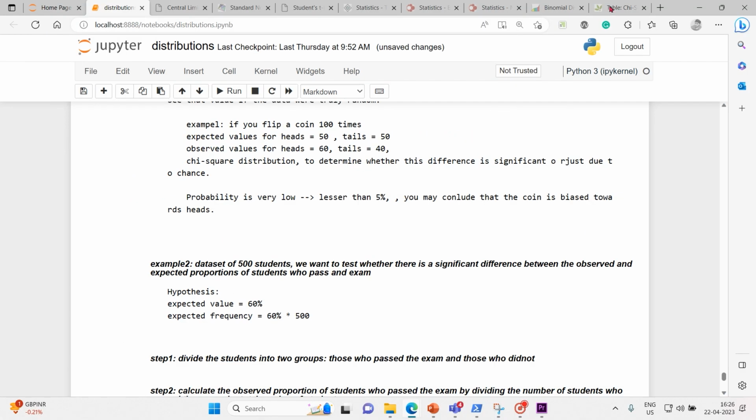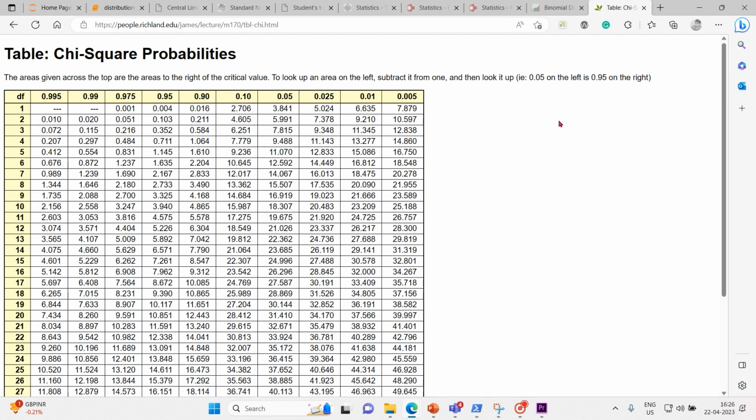So I have this table here, which is a chi-square table. Yeah, it's taking some time, just a minute. Yep. So we got our degrees of freedom is 1 on rows. On first column you have your degrees of freedom, as columns you have your levels of significance.